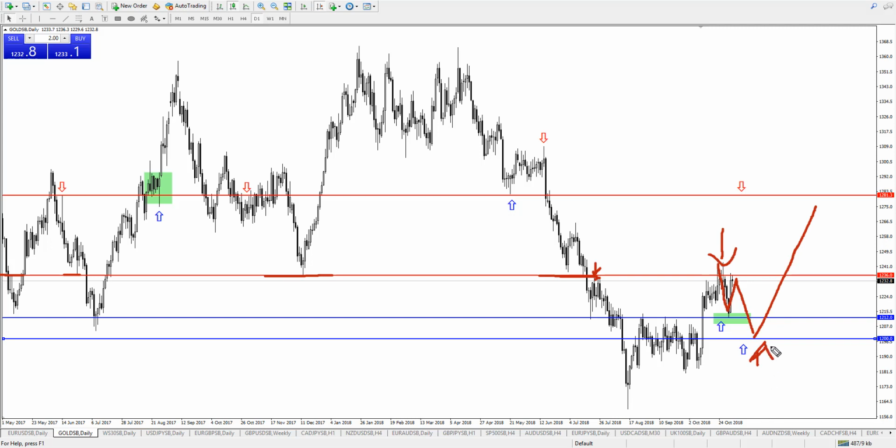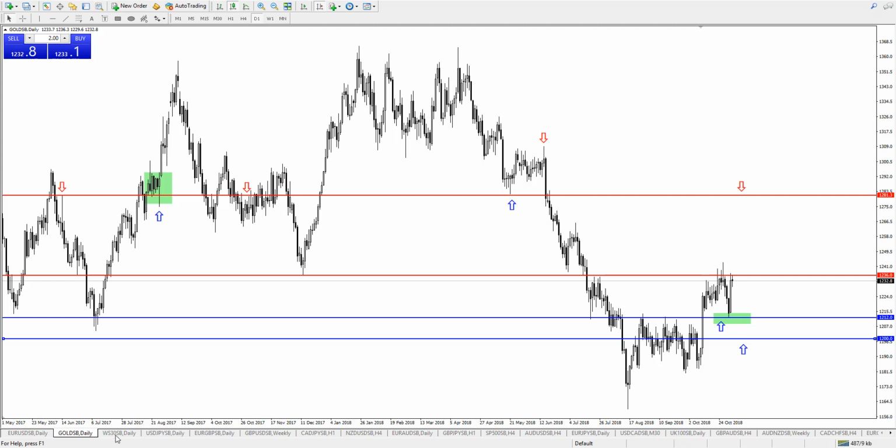Me looking for selling opportunities will basically mean that I'm going against the trend. And if you're new, you shouldn't really be counter trend trading. Even myself, ideally, I wouldn't like to go against the trend. Okay, so that's gold. These are the levels that I'm looking at on gold. Super exciting, looks really nice actually.